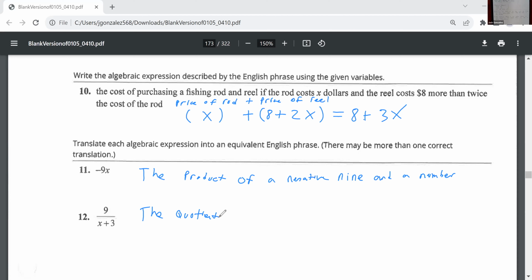Quotient of 9 and the sum of a number and 3.